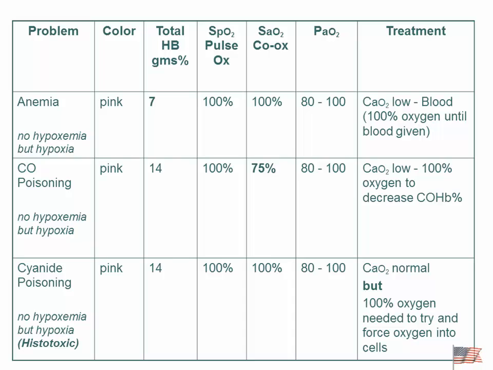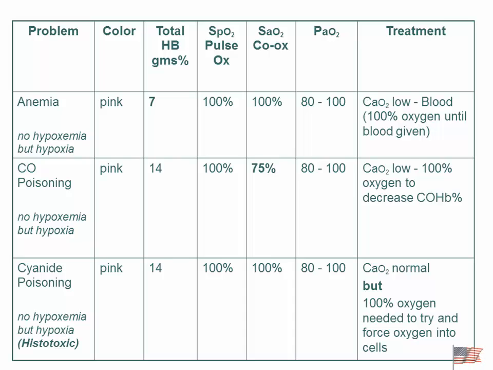So it's just the same as if you didn't have any hemoglobin at all, because oxygen can't be carried. We'll find there's another one, methemoglobinemia, that exists also. So this is an example where I have no hypoxemia, same as here, but I'm hypoxic. The tissues are dying simply because the oxygen can't be transported.